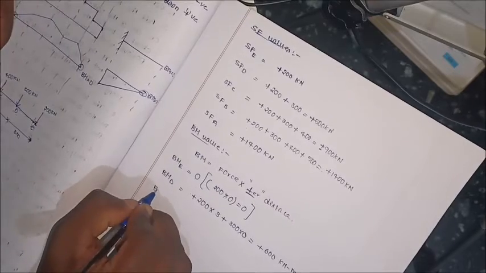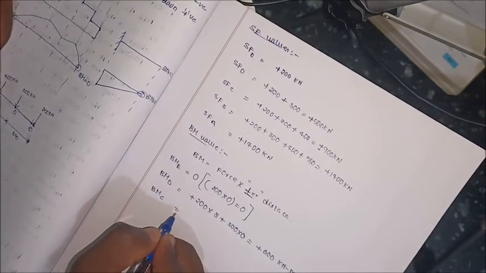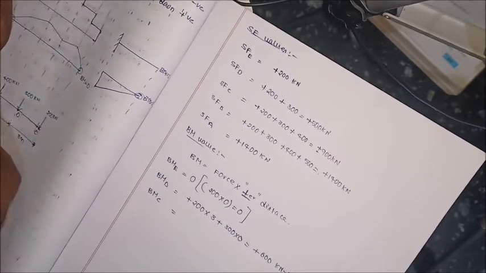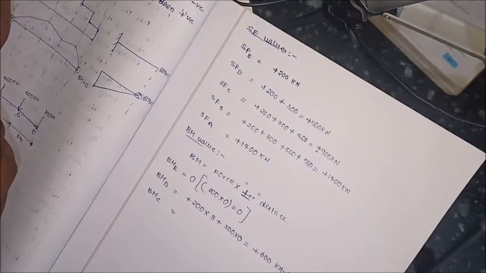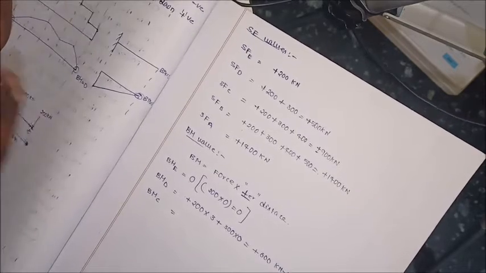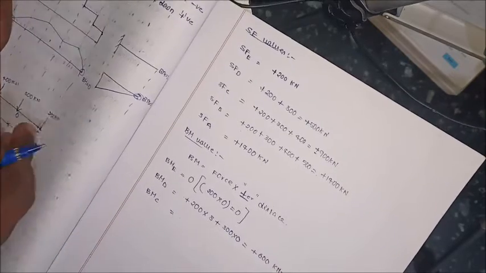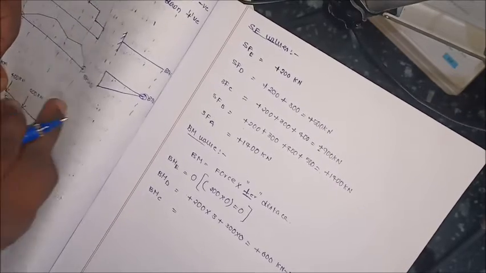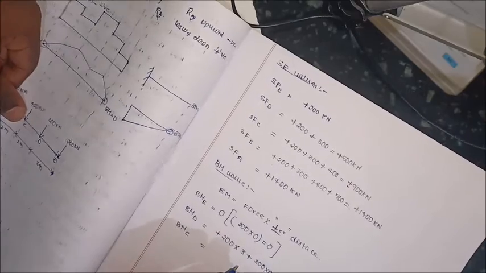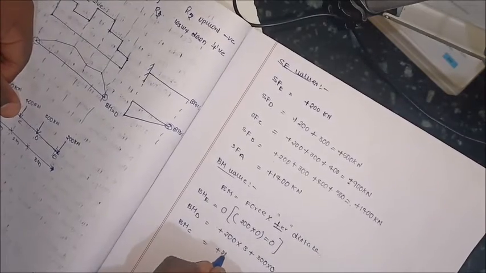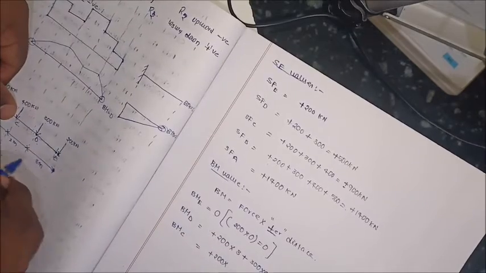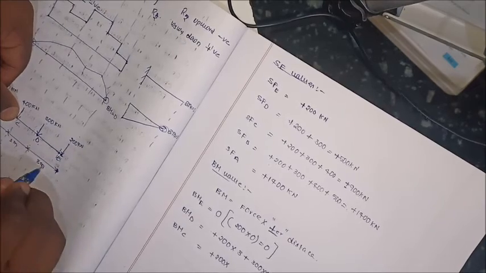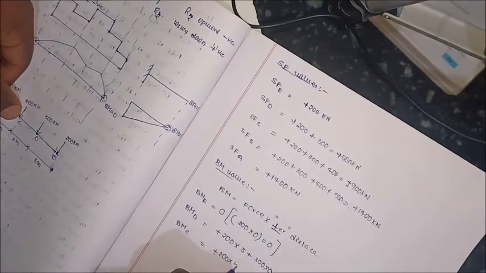Next, bending moment at C. Consider the forces at the right of the section, 200 plus 300. Force into perpendicular distance: plus 200 into 3 plus 2, measured from E, equal to 5.